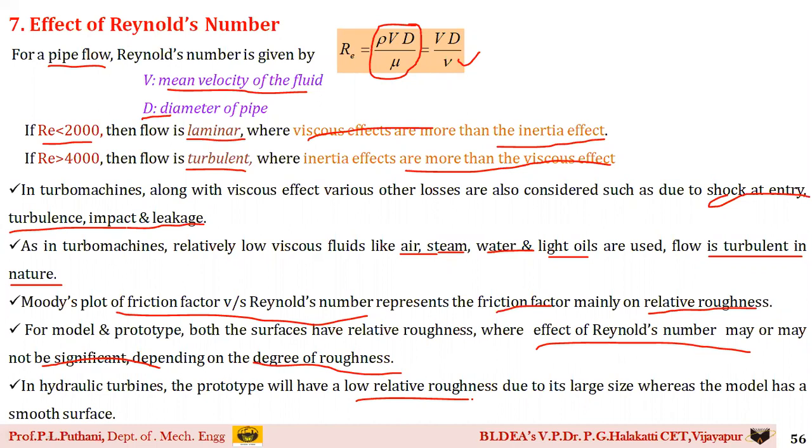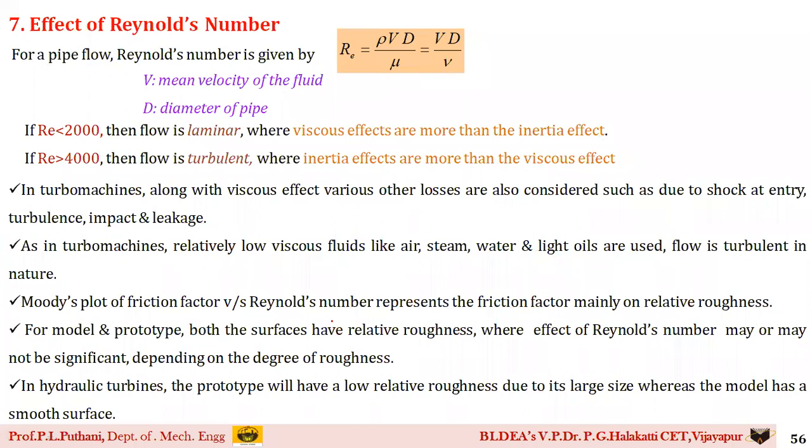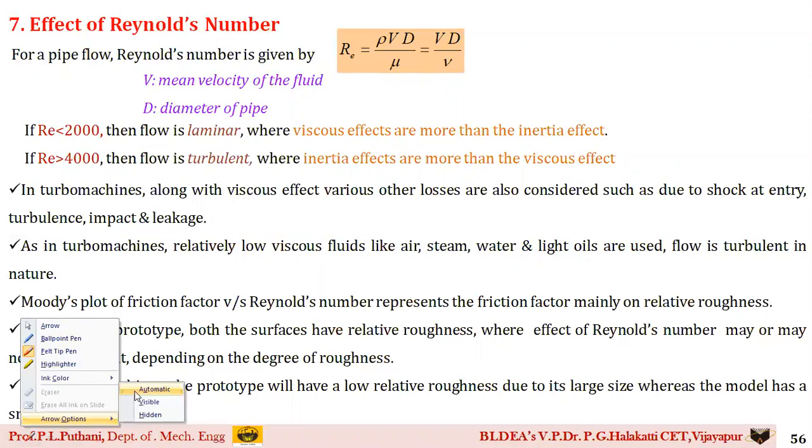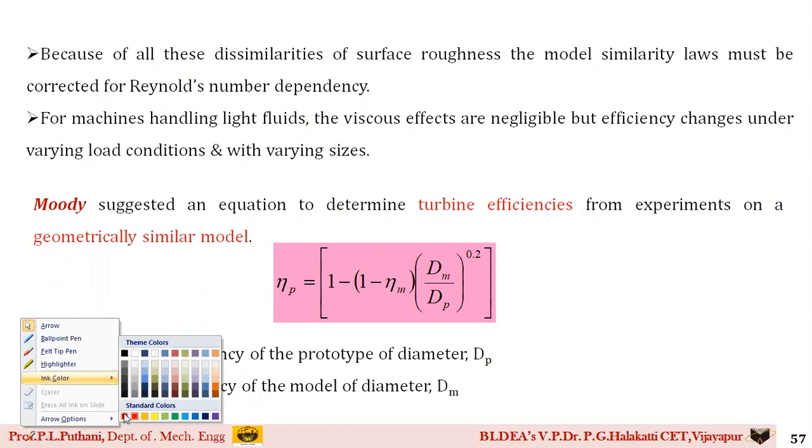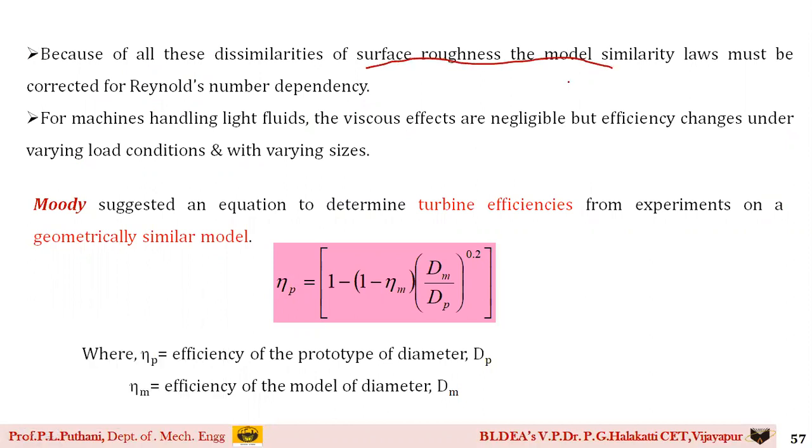And because of all these dissimilarities of surface roughness, the model similarity laws need to be corrected with the help of the Reynolds number dependency.